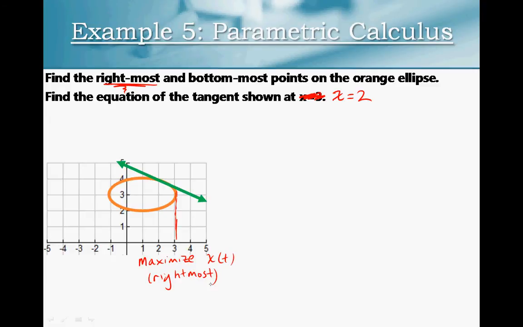Likewise, if we're trying to find the bottommost point, we're going to be minimizing the y-coordinate. So we're going to minimize the function y of t.